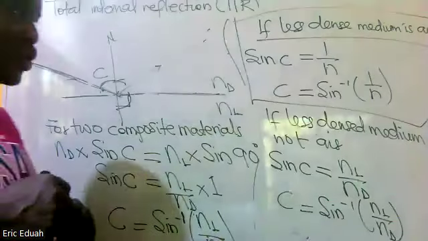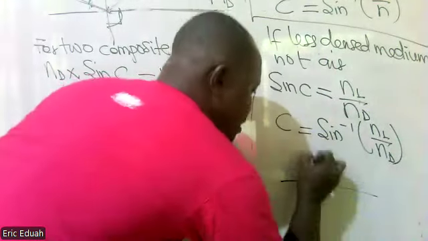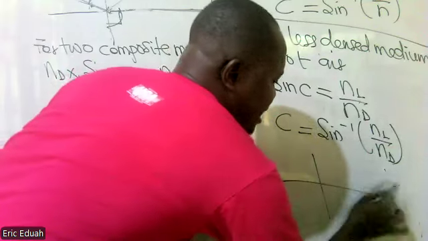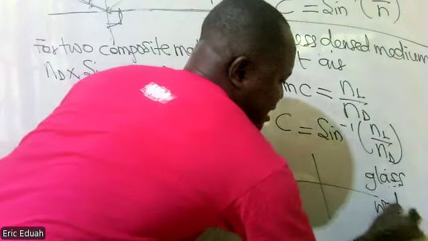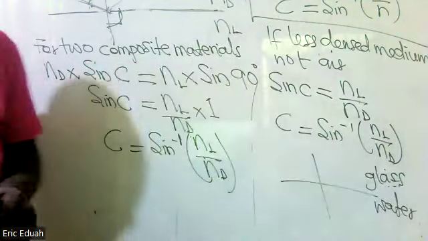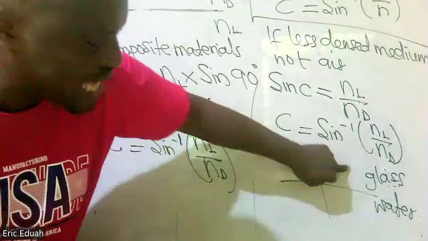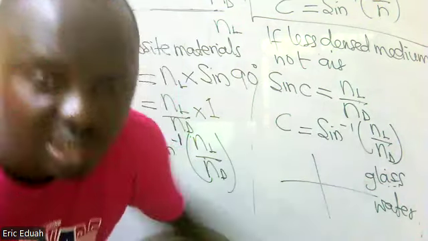Example, supposing you are given two media, glass and water. Earlier I wrote it as water and glass, and then I quickly changed it to glass and water.